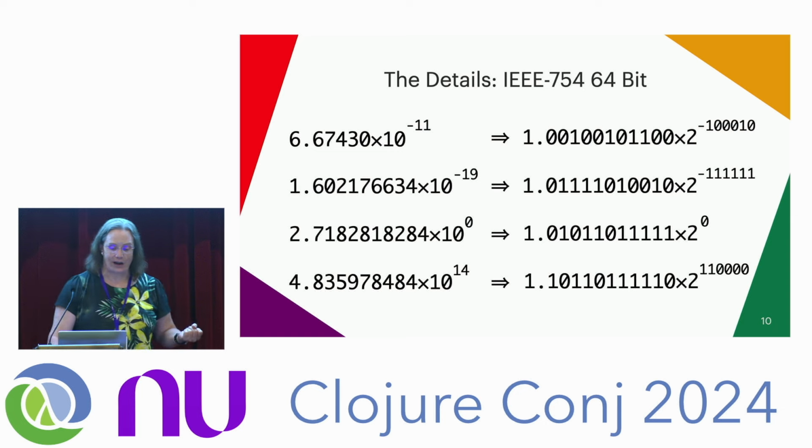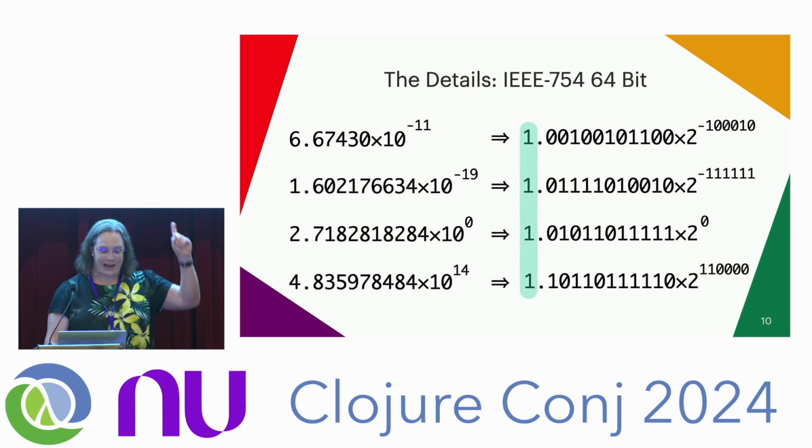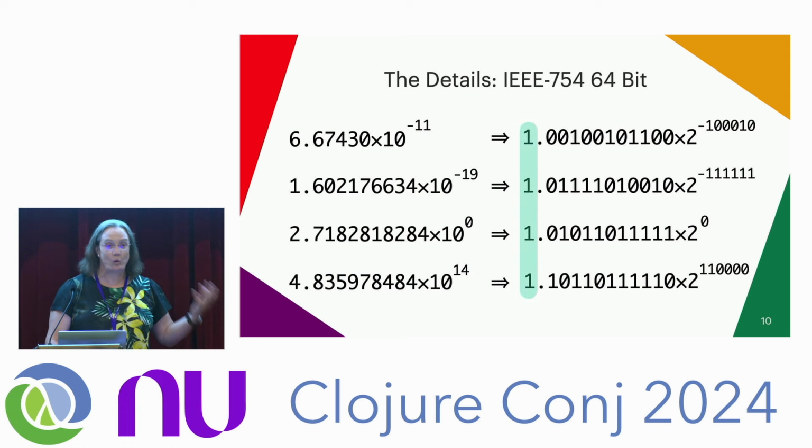Well, the IEEE standard does the same thing, except with binary. Now we have a mantissa that's greater than 1 and less than 2, and an exponential of 2, which shows the final placement of what's now called a binary point. But you see how that first digit has to always be a 1?